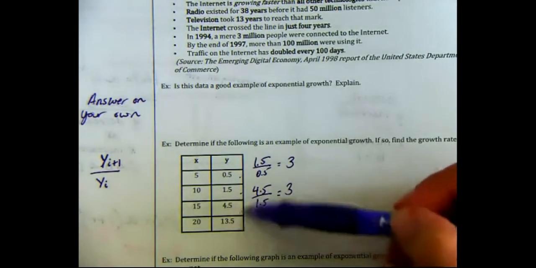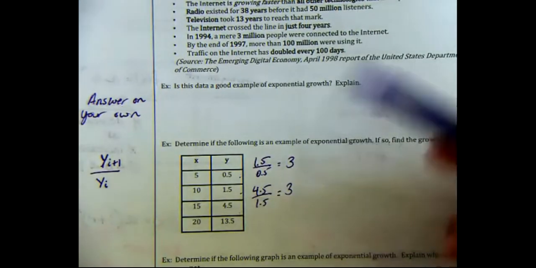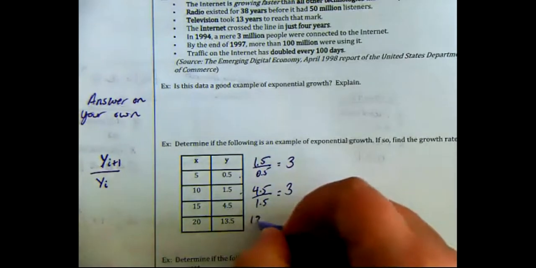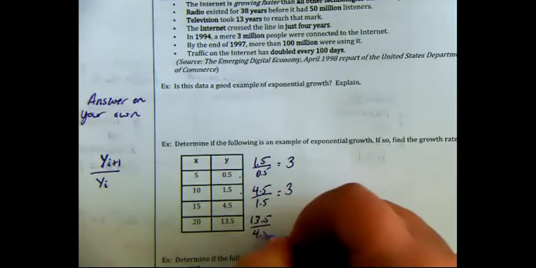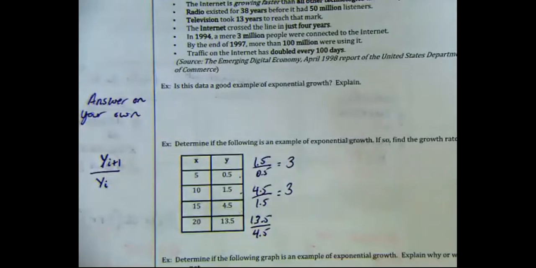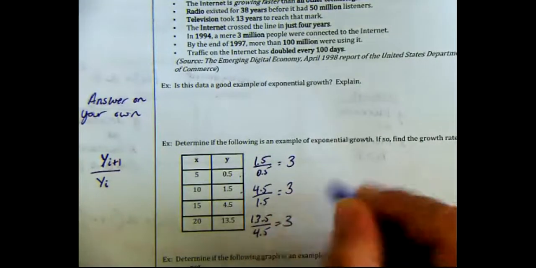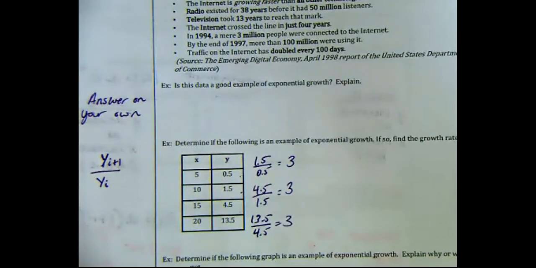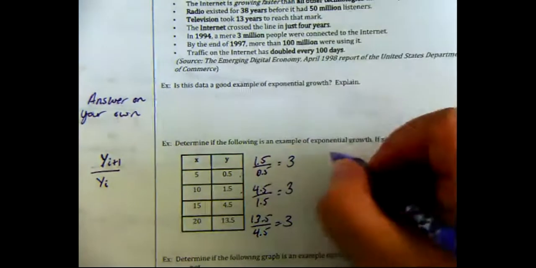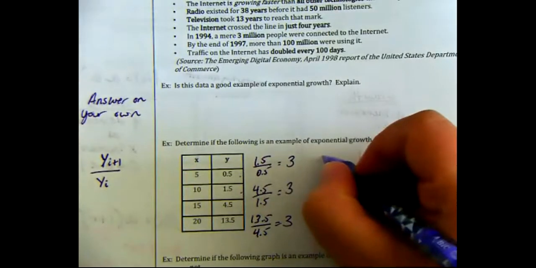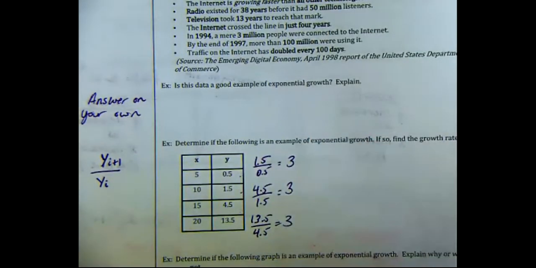Okay, but I want to make sure that all of the points that were given to me follow the same. So next I'm going to do 13.5 divided by 4.5. Okay, and when I do that, I also get a 3. So this means I have a growth rate. So this means that it is an exponential function.